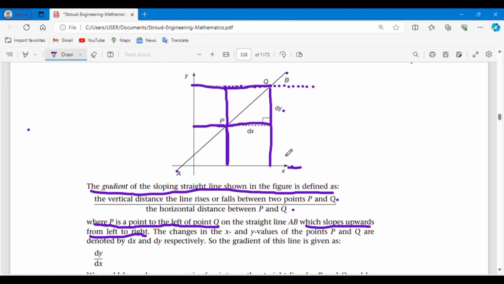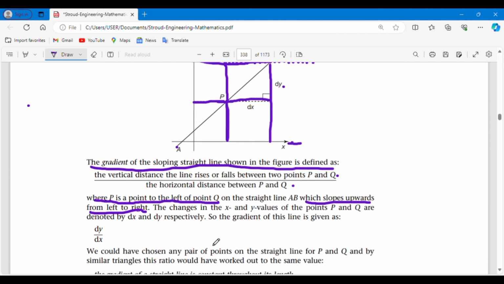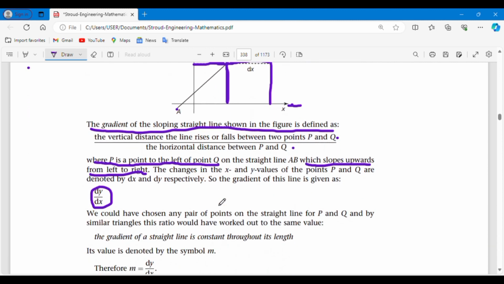It's not really crucial for you. All you just need to know is that the gradient of a sloping straight line is dy over dx. Just jot that down. That's all you need to know. But for those that really want to be passionate mathematicians, that's the reason I'm explaining these diagrams.